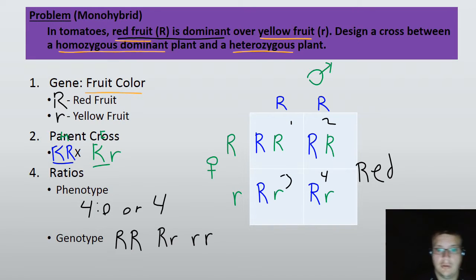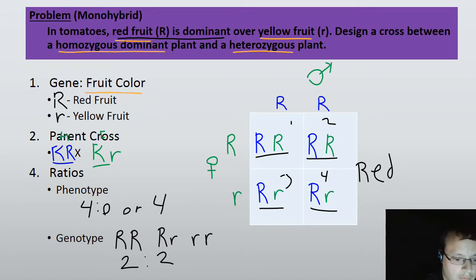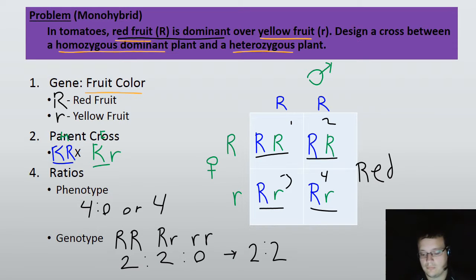So if we look closely, we have one homozygous dominant here, the second one here, so we're going to do 2, and then we have 2 heterozygous, one here, 2. So far it's 2 to 2, and then we have 0. So we can write that out 2 to 2. We can leave off the 0. So we have 4 for the phenotype and 2 to 2.